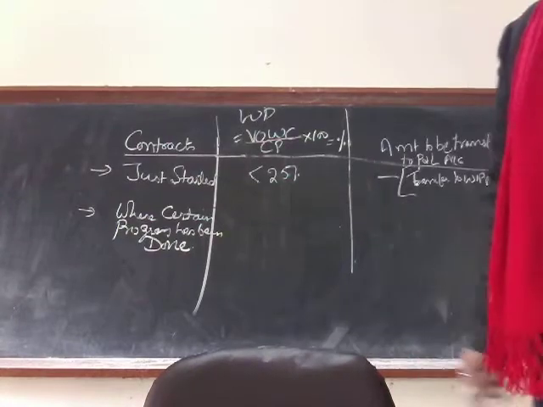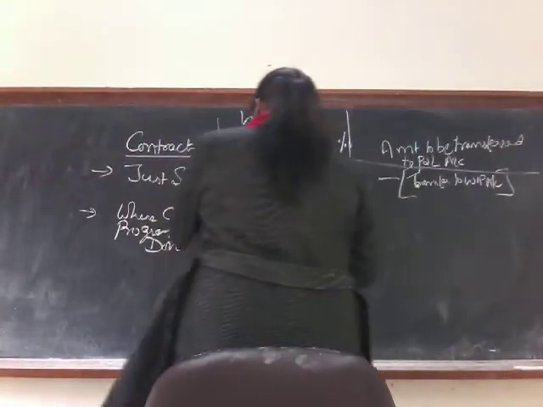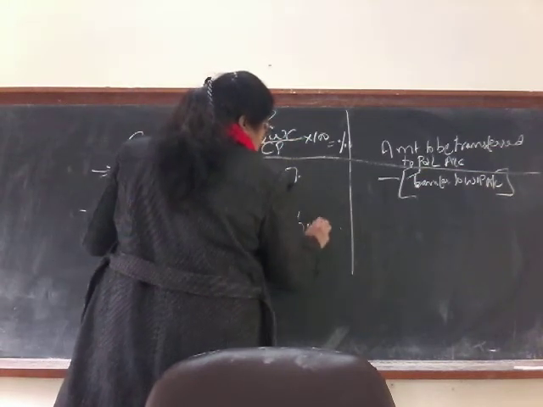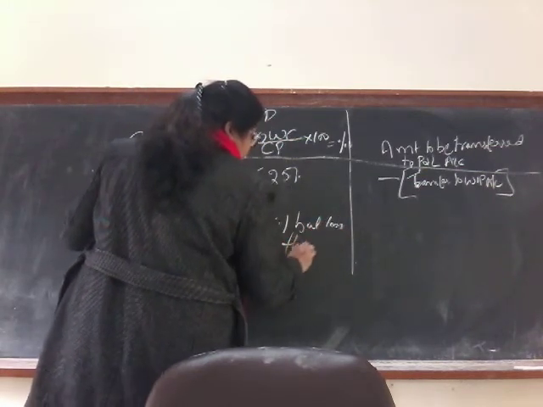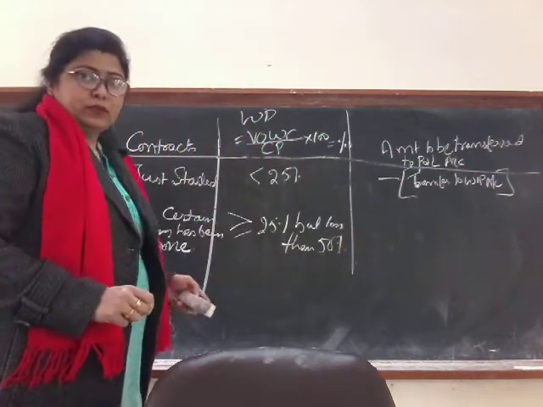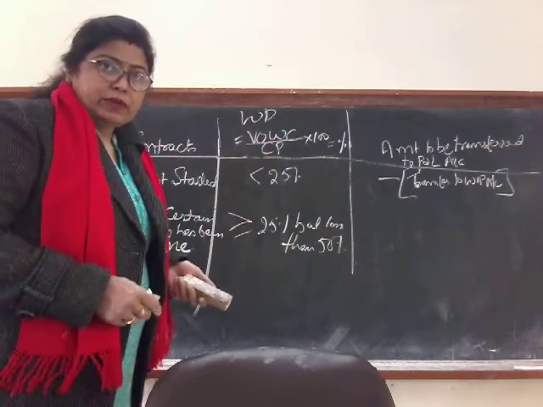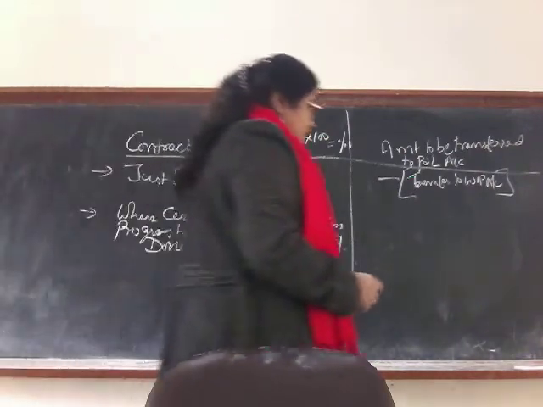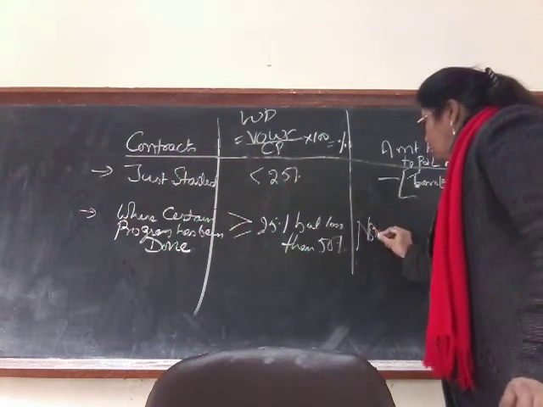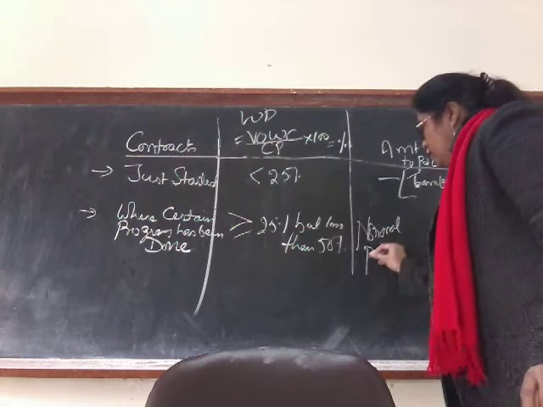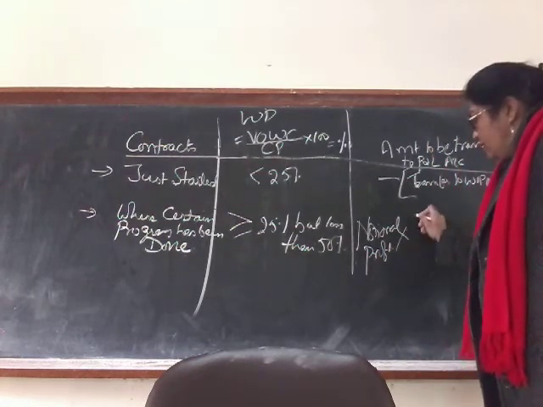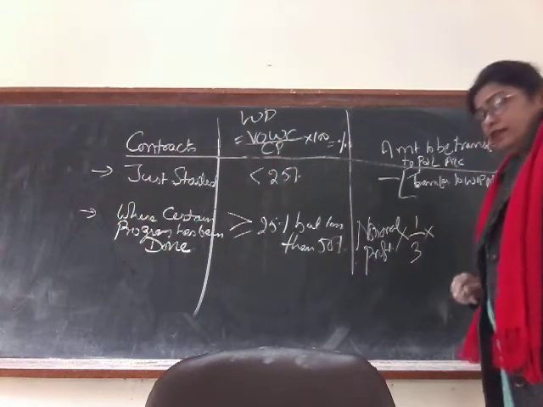I repeat, value of work certified divided by contract price. Okay. So work done is more than or equal to 25% but less than 50%. Now in that case the formula which we are going to use is notional profit, notional profit I discussed just now, into 1 by 3.